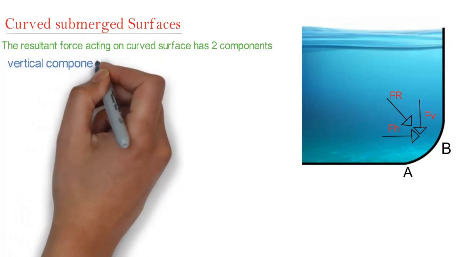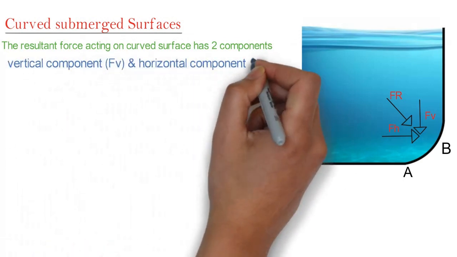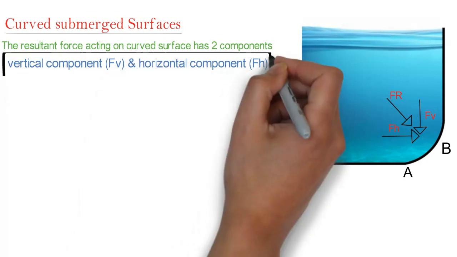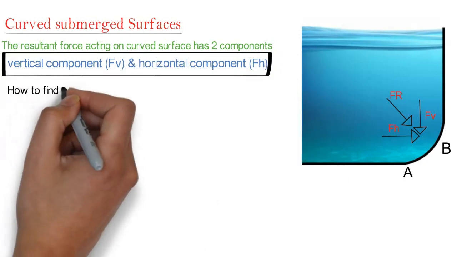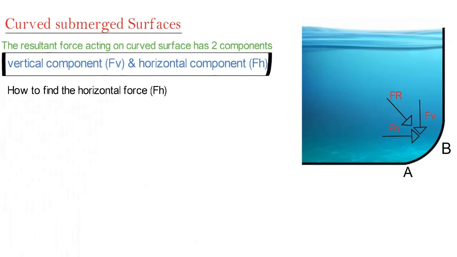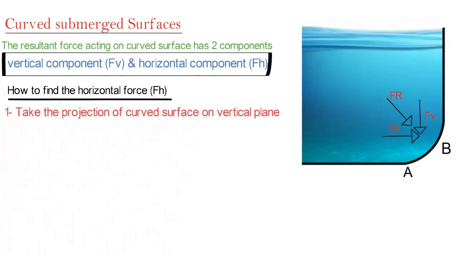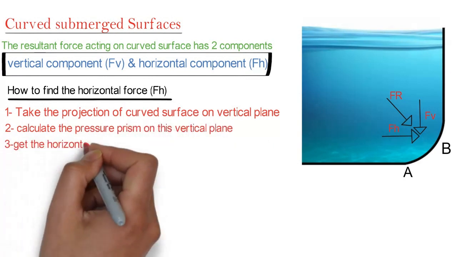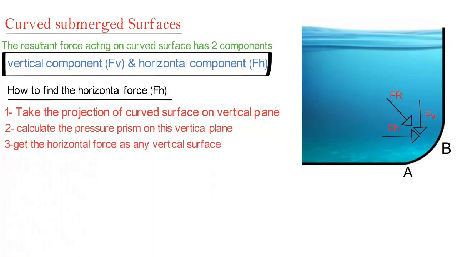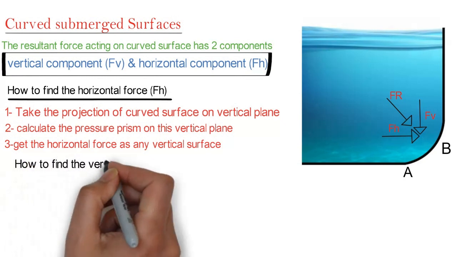To find the horizontal force Fh, we have to follow these steps. Step one, get the projection of the curved surface on a vertical plane. Step two, calculate the pressure prism on this vertical plane. Step three, get the horizontal force acting on the vertical plane as for any vertical submerged surface.